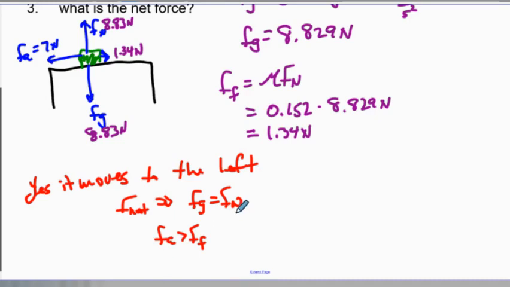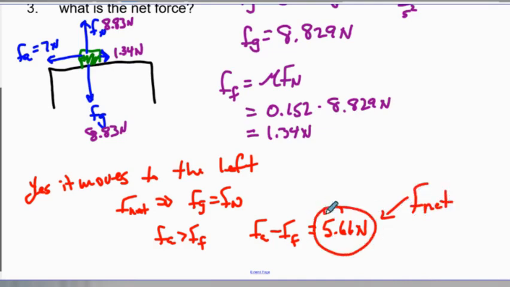How much greater is it? Well, if I subtract those, FA minus FF, I'm going to see a difference of 5.66 newtons. This is my net force. That is my F net: 5.66 newtons left. Make sure we get our direction in there, really important.